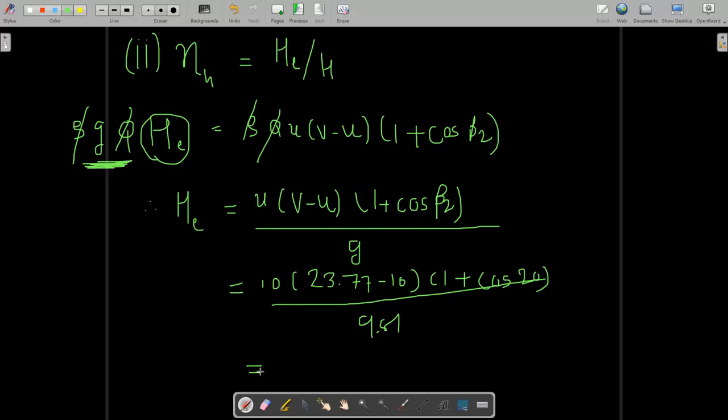When you solve this in your calculator, you will find 27.24 meter. So this is the actual effective head or Euler's head that is converted into kinetic energy of the nozzle. So put this value, and the total head we have is 30 meter.